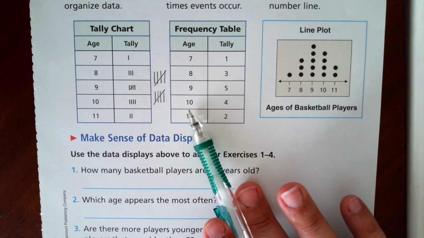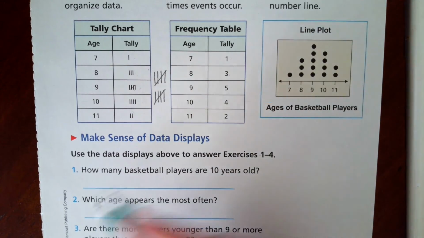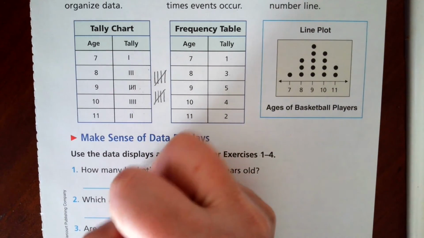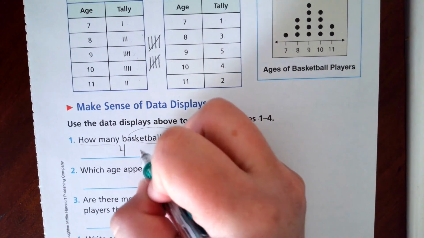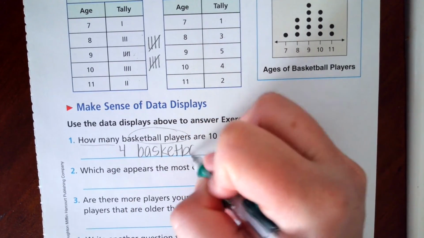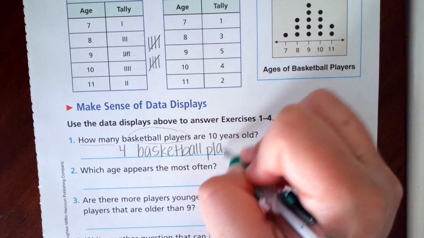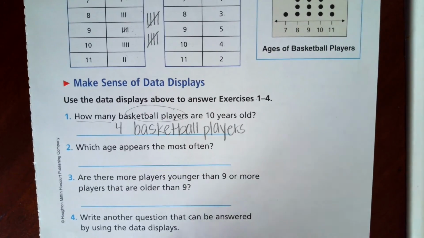So we have 10 years old, there are 4. So 4 would be our number. And then basketball players. So 4 basketball players.